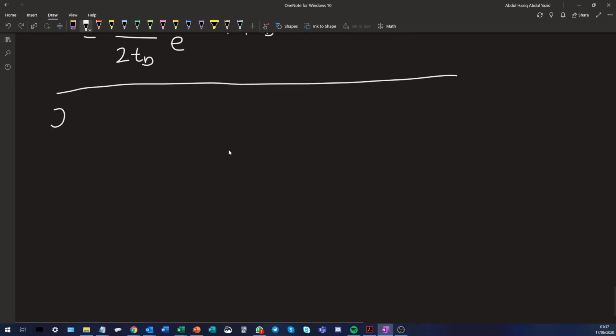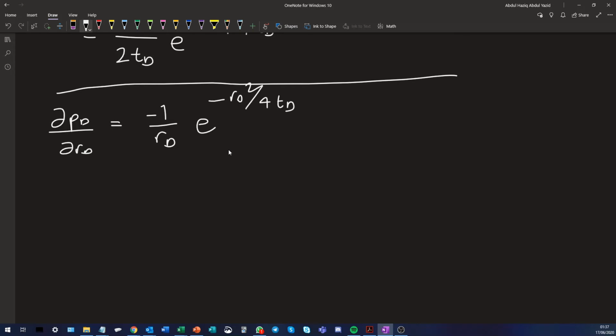So what we have shown is that ∂p sub d over ∂r sub d is equal to negative 1 over r sub d, e to the negative r sub d squared over 4 t sub d. And we've also managed to show that ∂p sub d over ∂t sub d is equal to 1 over 2 t sub d, multiplied by e to the negative r sub d squared over 4 t sub d.